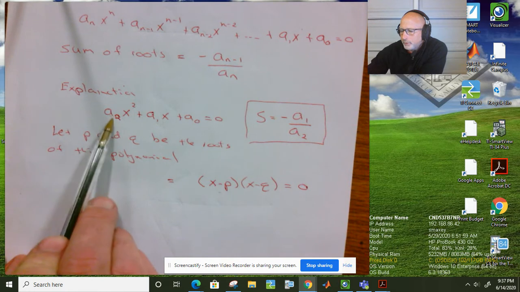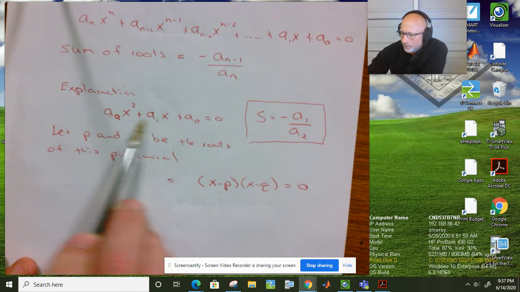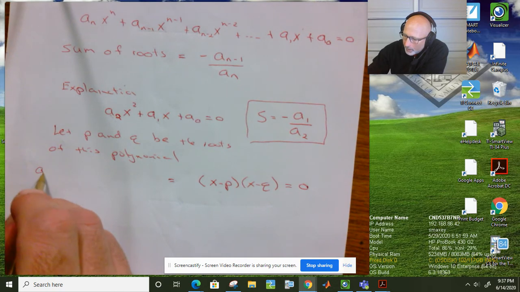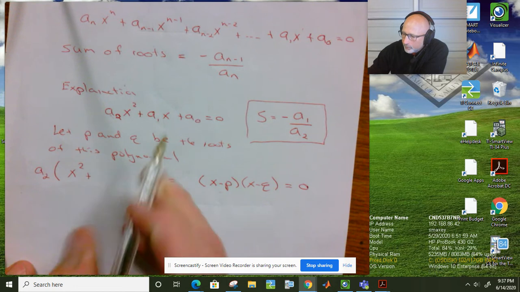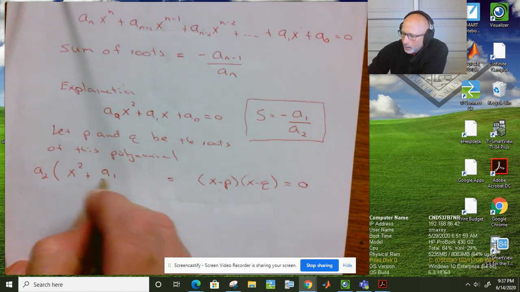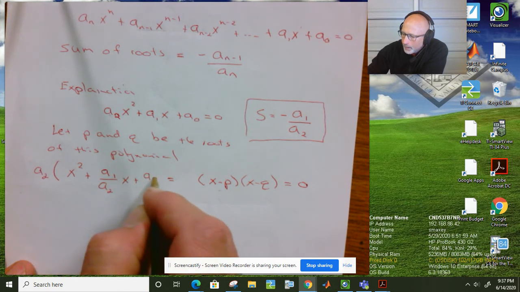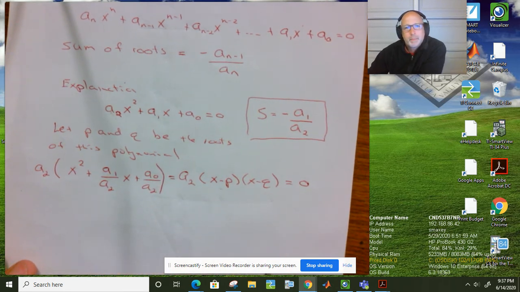The problem is this leading coefficient is not 1, it's a_2. So I'm going to factor an a_2 out of all of this. Taking a_2 out, I have a_2 times (x squared, plus a_1 over a_2 x, plus a_0 over a_2). Then I have to put the a_2 over there. Okay, so now I'm good.